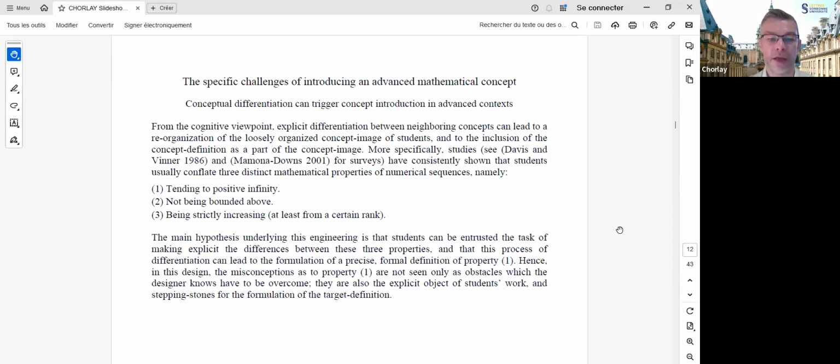Hence, in this design, the misconceptions as to property 1, that is conflating them with the other two, are not seen only as obstacles, which the designer knows have to be overcome. They're also the explicit object of students' work and stepping stones for the formulation of the target definition. That's what we tried to do. We'll see what happened.